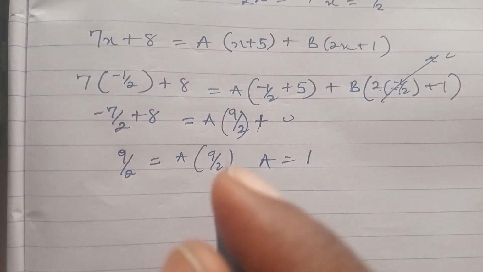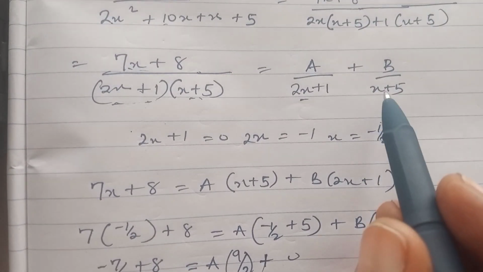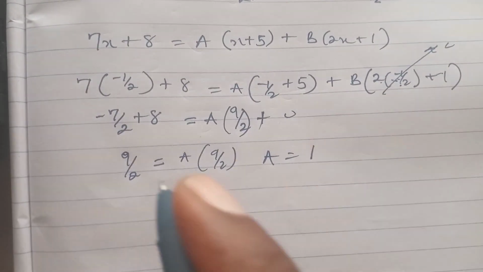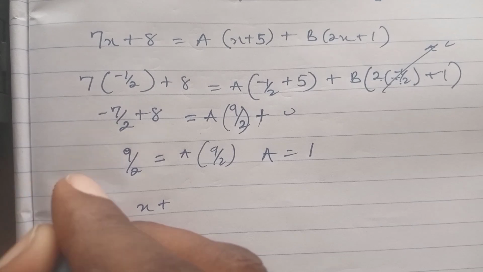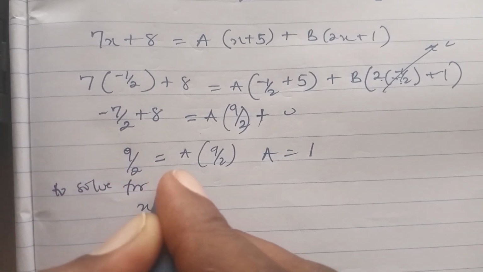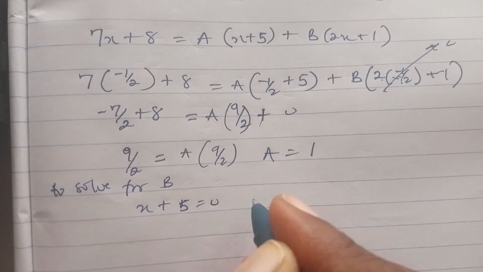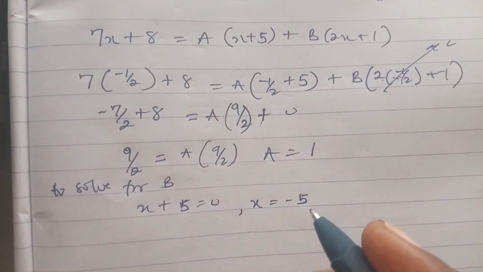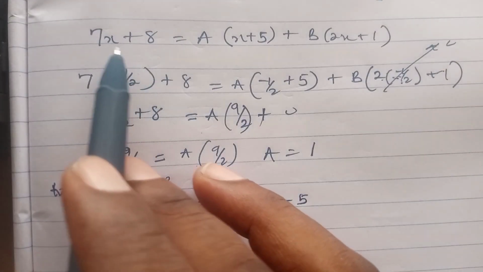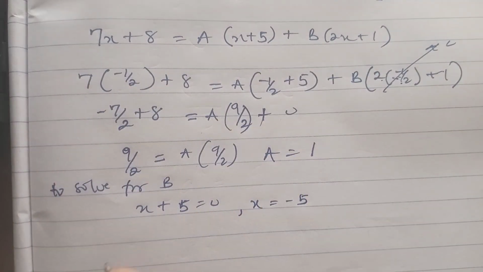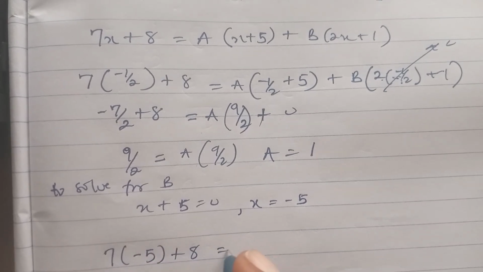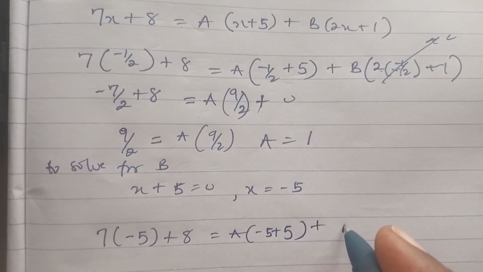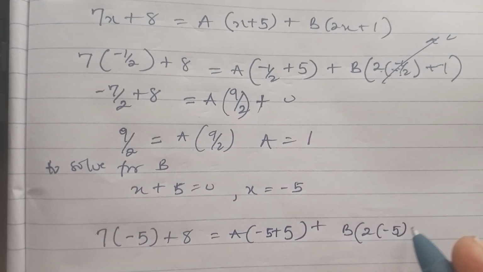Now to solve for b, we equate its denominator to 0. So x plus 5 equals 0. So x equals minus 5. We'll go back to this again and set x equals minus 5. So we have 7 into minus 5 plus 8 equals a into minus 5 plus 5 plus b into 2 into minus 5 plus 1.